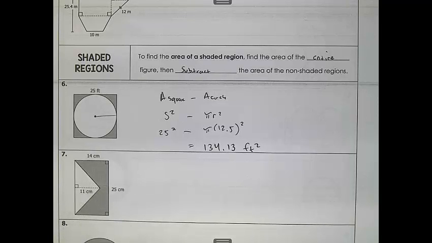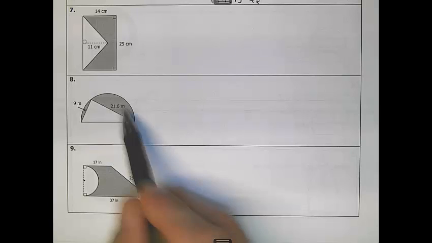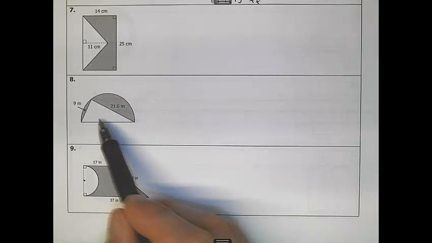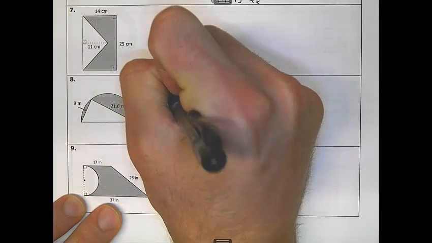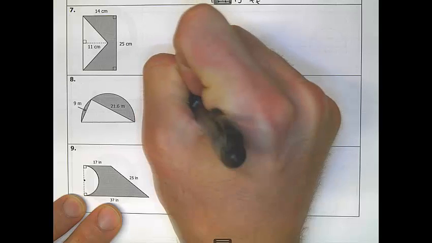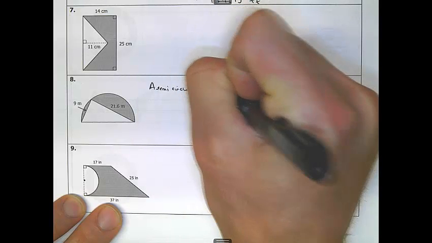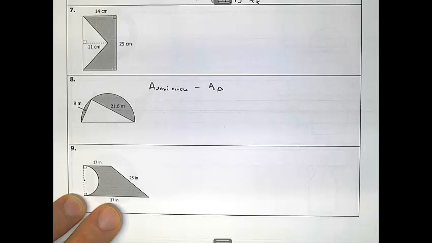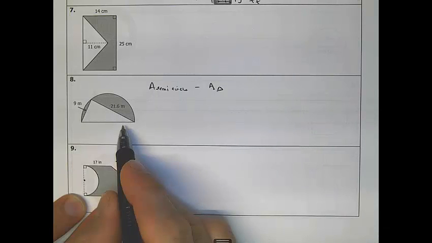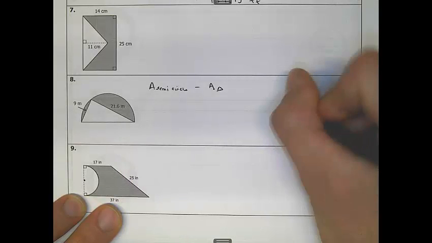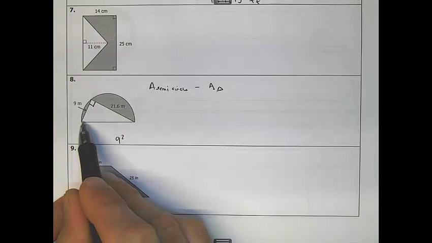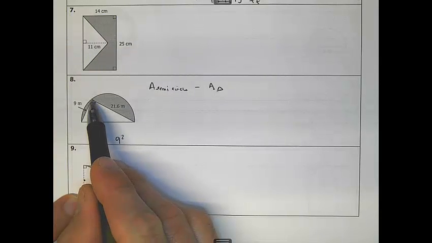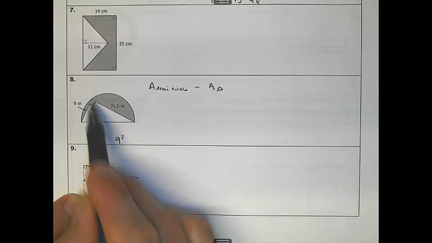Okay, so we've got a semicircle, and then we've got a triangle we're going to take out. So we want to do the area of the semicircle, and we're going to subtract area of the triangle. First off, I'm going to do the Pythagorean theorem to find the hypotenuse of this triangle. We learned that if this is a diameter and this vertex is an inscribed angle on this circle, then that's a 90-degree angle.